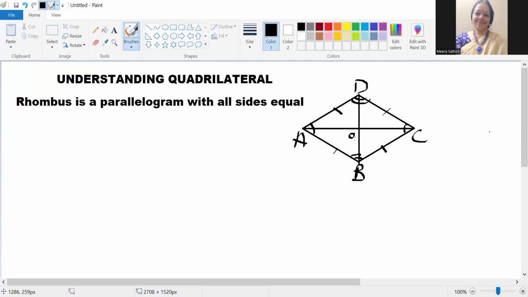AC and BD are not equal. And another speciality, they bisect at right angle, or we can say diagonals are perpendicular bisectors. Clear? So let us write the properties of rhombus now.